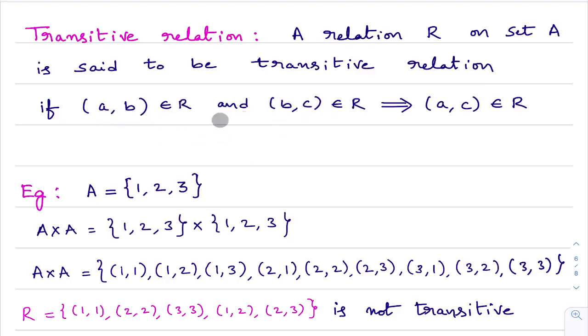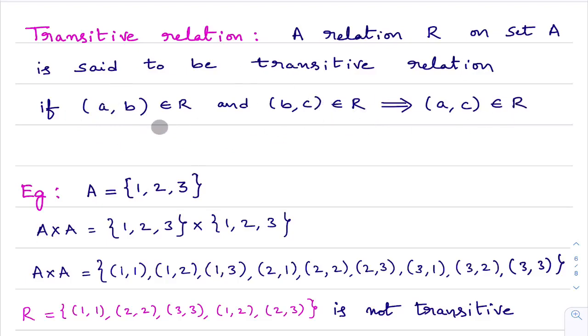If there exist such type of ordered pairs, A comma B, B comma C, this is a must. It ends with B, it starts with B. Such type of ordered pairs present in the relation. Then you check ordered pair A comma C. Ordered pair A comma C present in the given relation or not, you need to check.